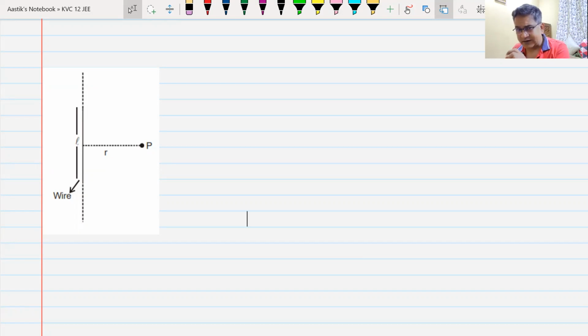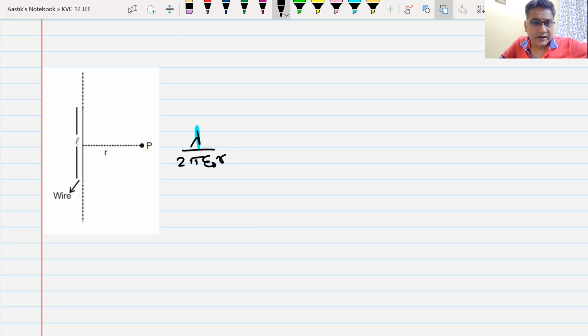Sine 90 plus sine 90 is 2. So your final answer will be lambda by 2 pi epsilon naught r. Everyone knows this, yes or no? For an infinite wire, this will be the magnitude of electric field. Do we know this, yes or no?